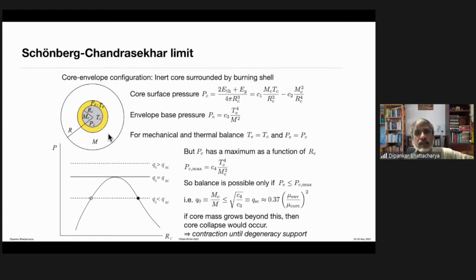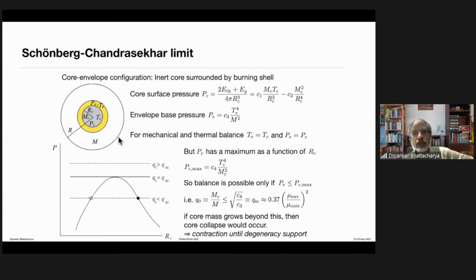And by Virial theorem again, we have noticed that the temperature at the base will be proportional to m over r. So G m squared by r to the power of 4, I can write r from the Virial theorem as m by T, because T is proportional to m by r, so r is proportional to m by T, and eliminate r from that.